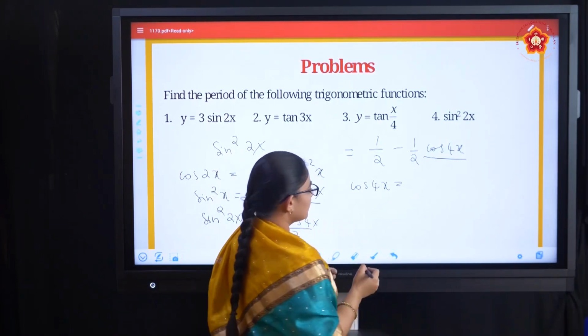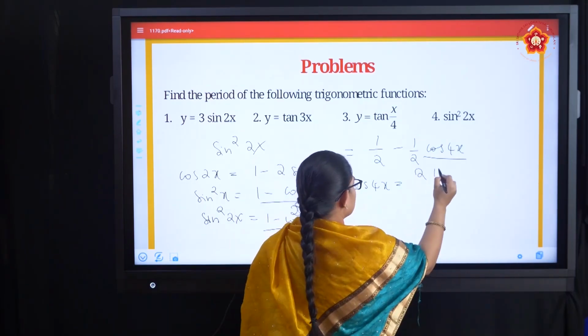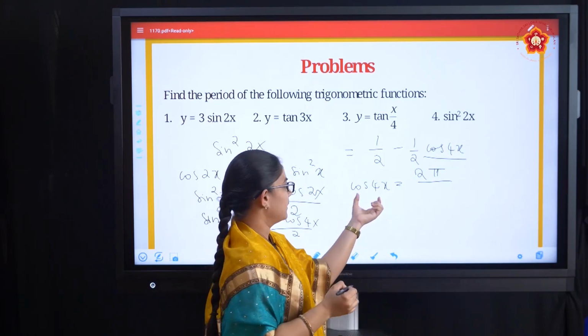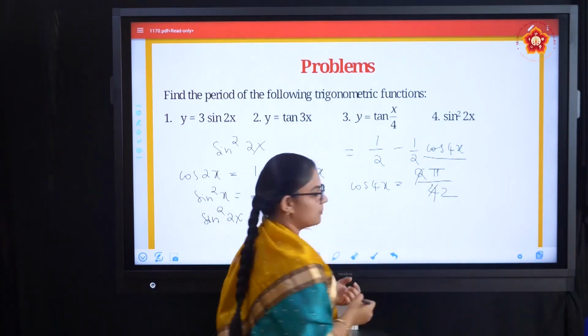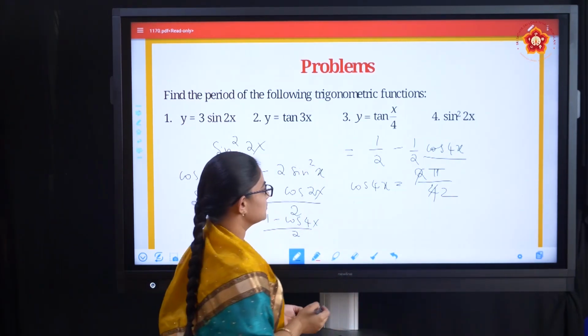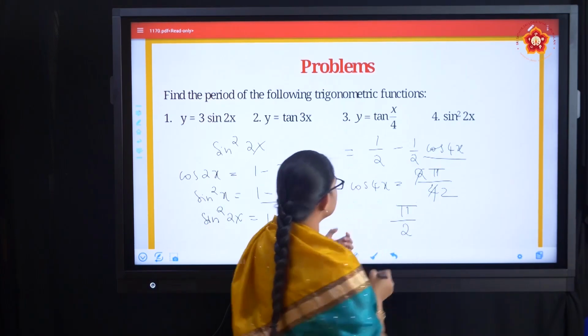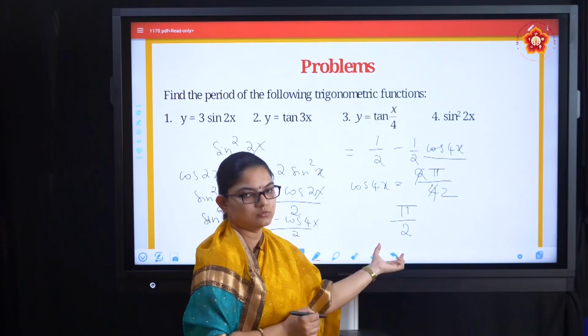We know that period of cos is 2 pi, divided by coefficient of x, that is 4. So we have pi by 2. So therefore period of this particular function sin square 2x is pi by 2.